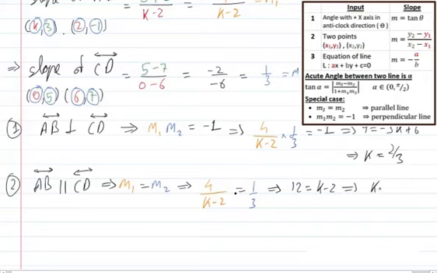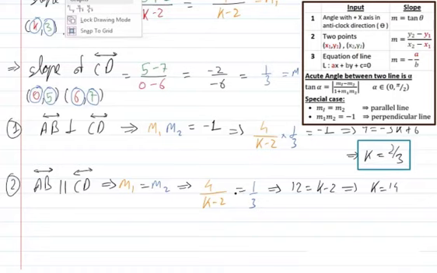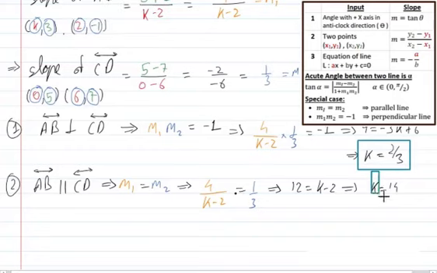So we will get k is equal to 14. Tada! We get the answers. Our k in the first case is 2 by 3, and in the second case our k will be 14.